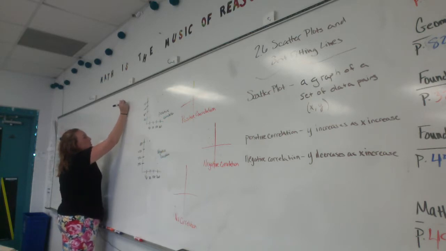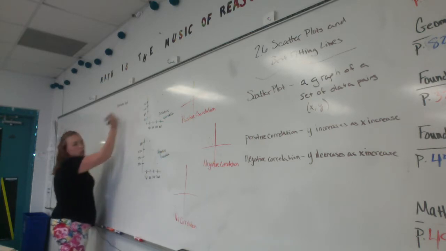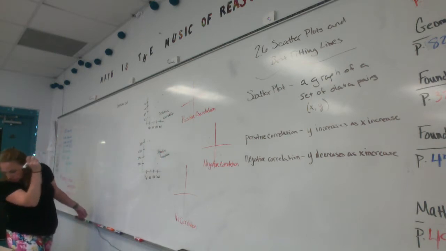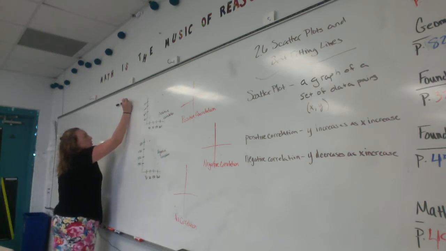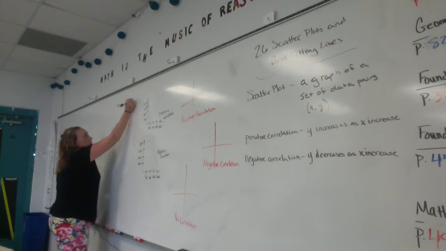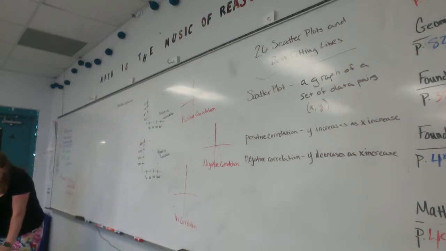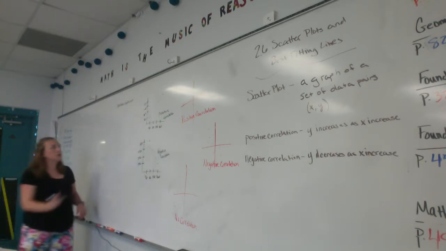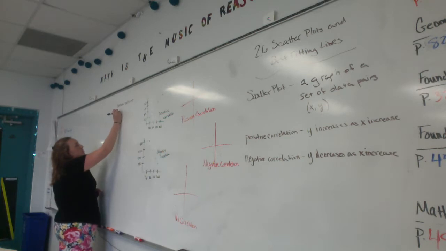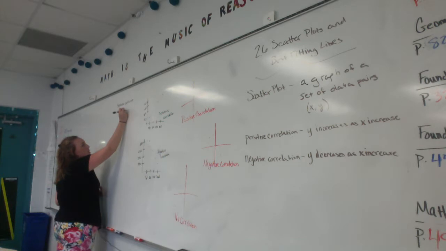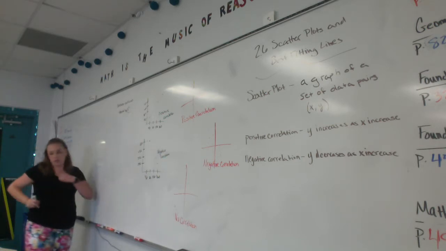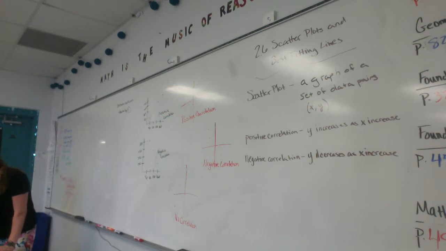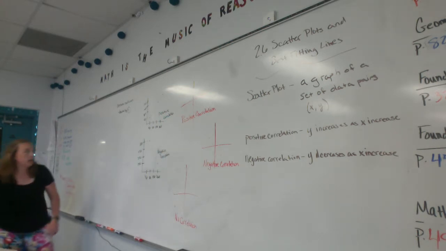Okay, correlation coefficient is denoted by a lowercase r. It is a number from -1 to 1.